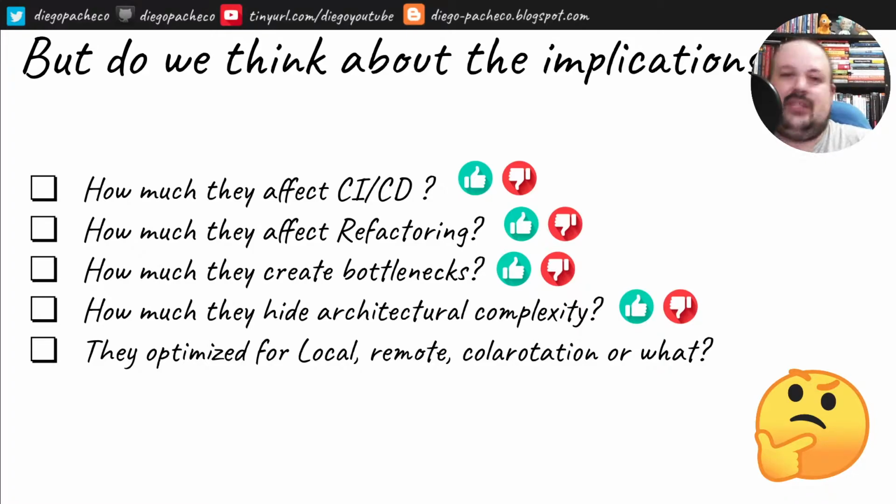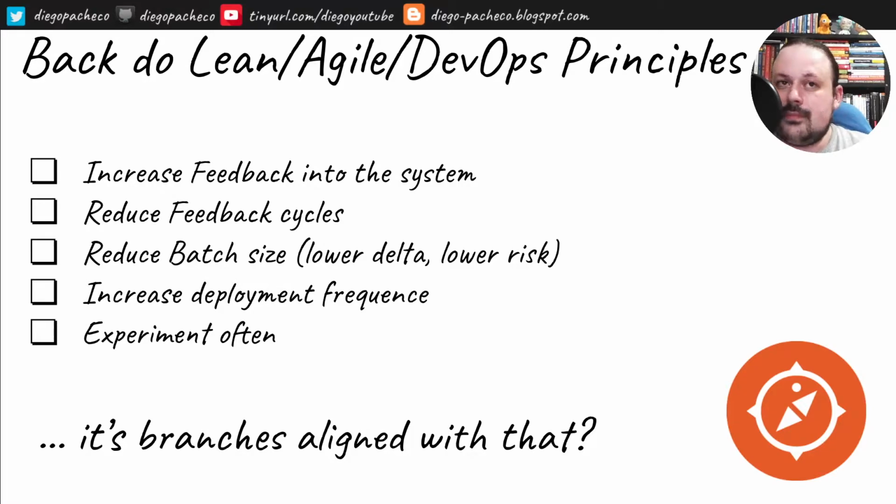Now that we have these things in mind, let's talk about some approaches that we're going to see in the industry. So actually, before talking about approaches, let's go back and talk about principles, right? Let's think about lean, agile, and DevOps principles. There are many of them, but I want to highlight the ones that I feel have a lot of relation with CI/CD, DevOps, and continuous integration.